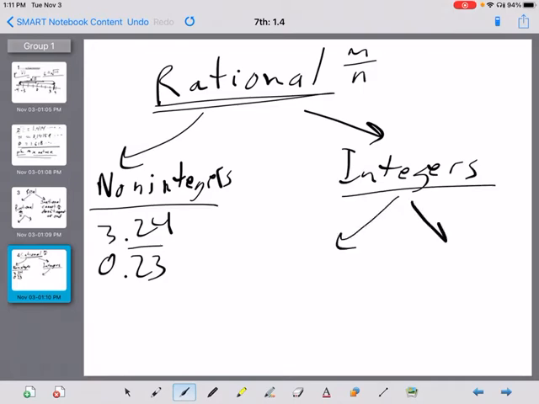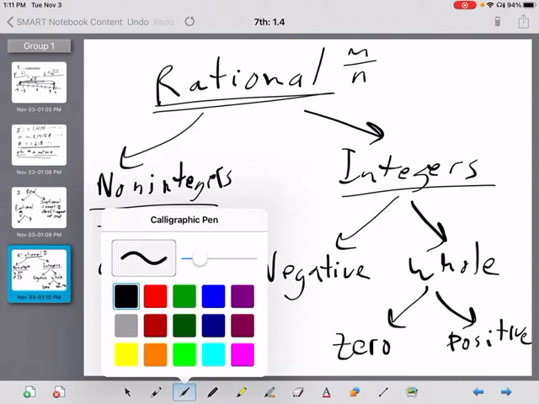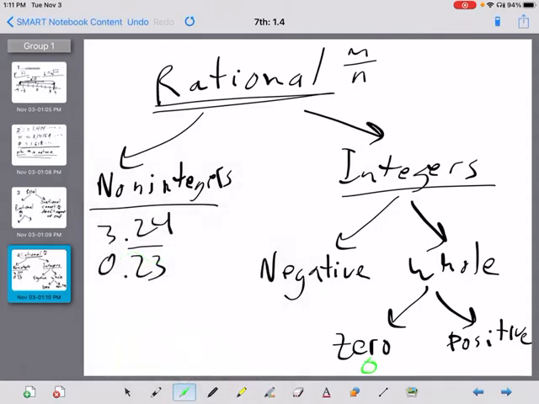Integers, you have two kinds. There are negative, and then there are whole numbers, and then whole numbers split into two: positive and 0. That's right. 0 is special because it gets its own spot here. I'm just going to write examples of all these. There's only one example of 0, which is 0.